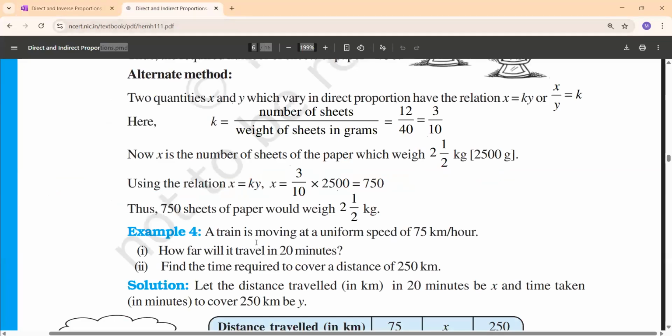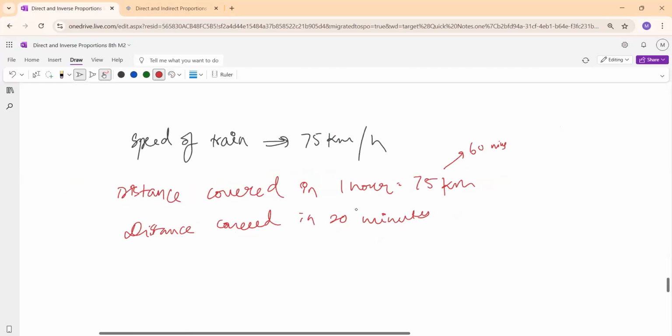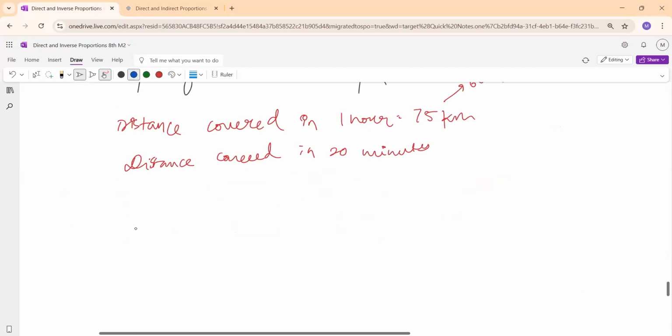Now what they are asking is how far will it travel in 20 minutes? So we have to find distance covered in 20 minutes. What we can do is convert this 1 hour to minutes, that is 60 minutes. Now let the distance be x, let the time taken be y.